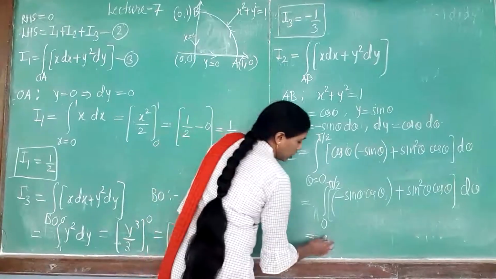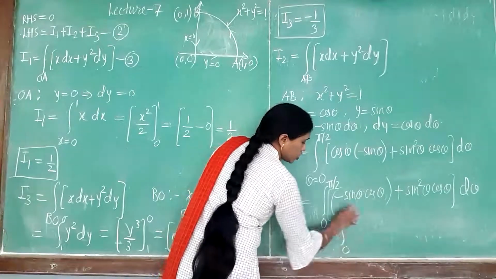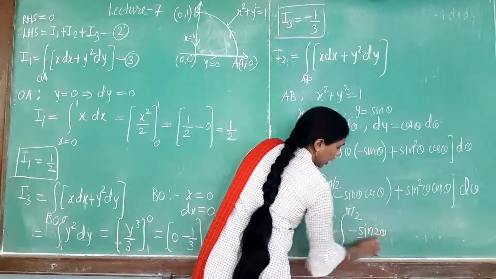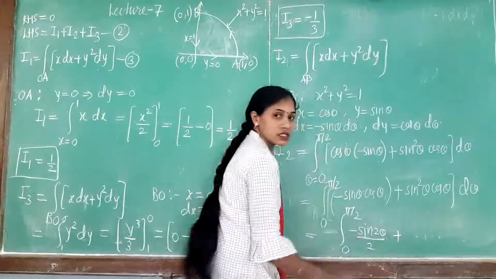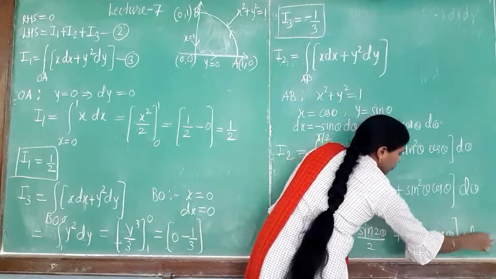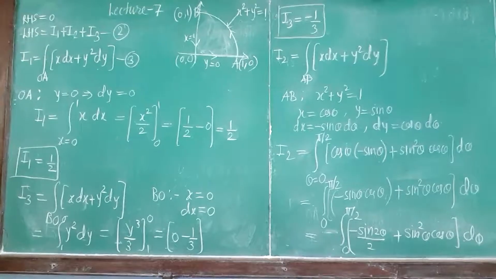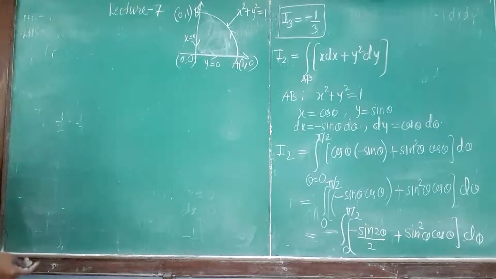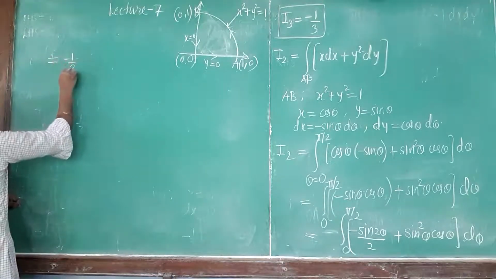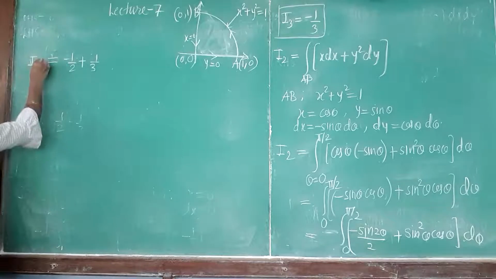So this is equal to minus the integral from 0 to pi by 2 of sin 2 theta by 2, plus sin square theta cos theta d theta. Evaluating further and simplifying, I2 is equal to minus 1 by 2 plus 1 by 3. This is the value of I2.